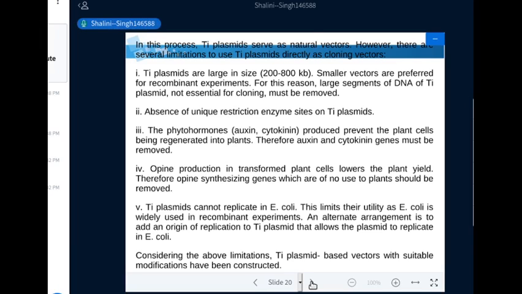In this process, TI plasmids serve as natural vectors. However, there are several limitations to the use of TI plasmid directly as a cloning vector. TI plasmids are large in size, around 200 to 800 kb. Smaller vectors are preferred for recombinant experiments.